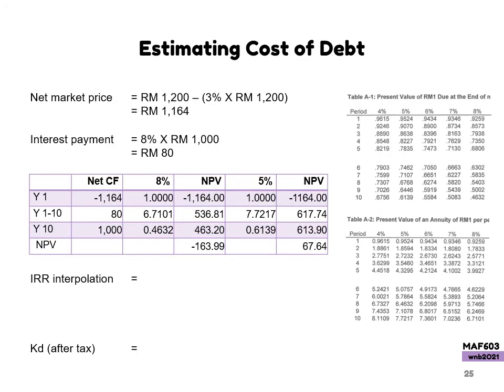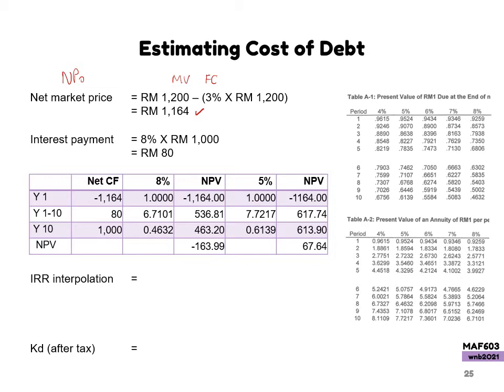So, first thing first, we need to determine the NPO. So, NPO kita tahu market value of debenture tadi 1,200 minus with flotation cost. So, market value 1,200, flotation cost dia 3% of the selling price. Dan kita dapat net market price of 1,164 ringgit.